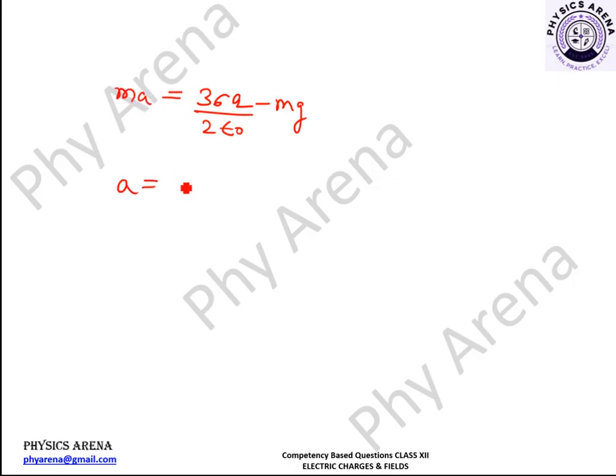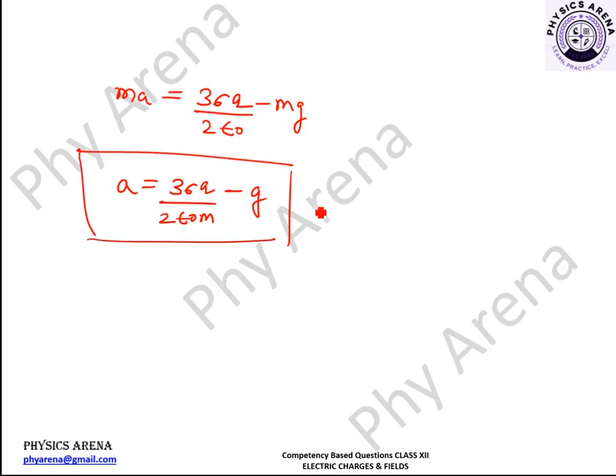So a will be equal to 3 sigma Q upon 2 epsilon naught m minus g. And this is the value of the net acceleration experienced by the charged particle.